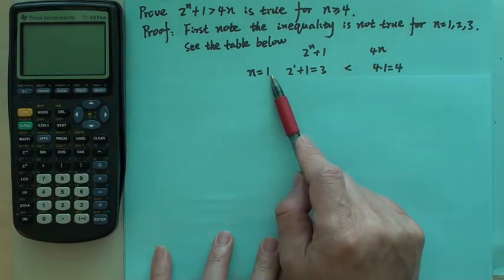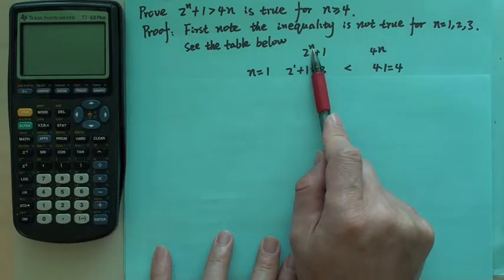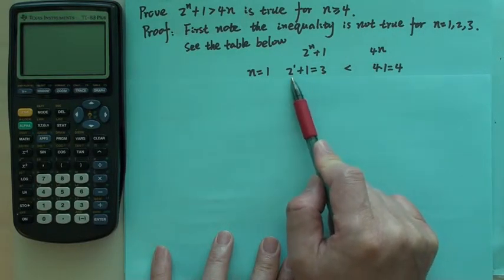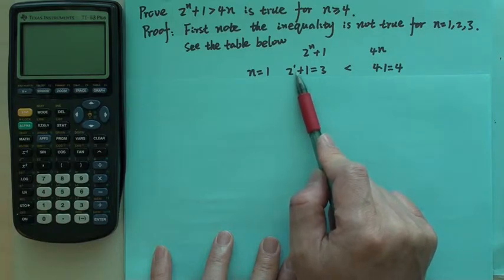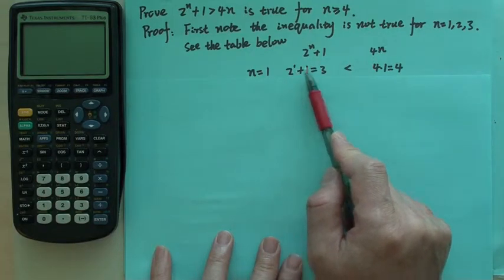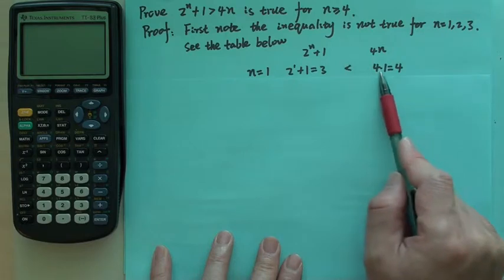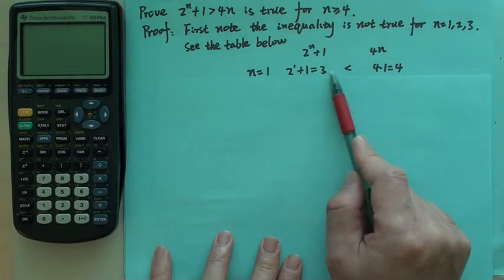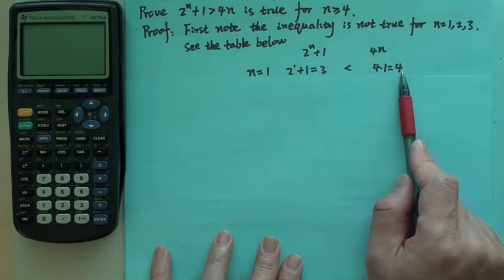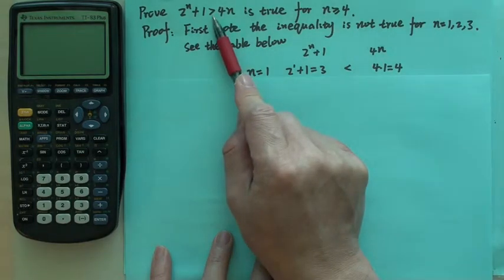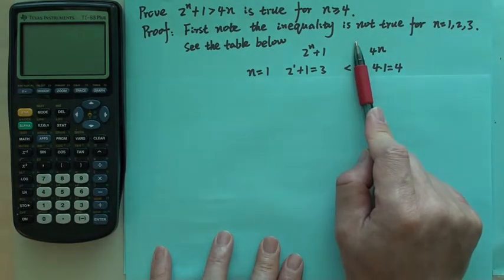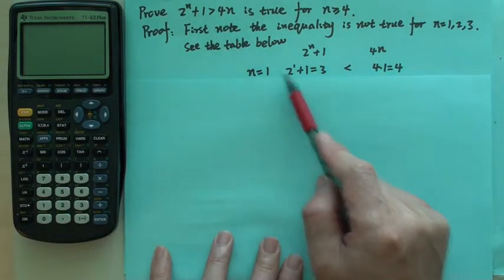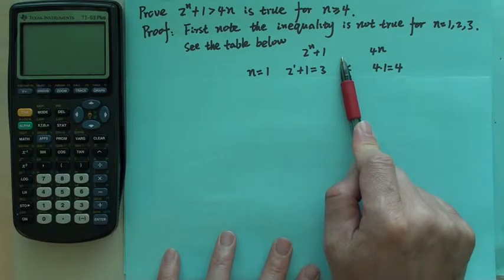When n equals 1, 2 to the first plus 1 is 3, since 2 to the first is 2. But 4 times 1 is 4. So the left-hand side is actually less than the right-hand side. Remember, here we need greater than. So this inequality is not true for n equals 1.